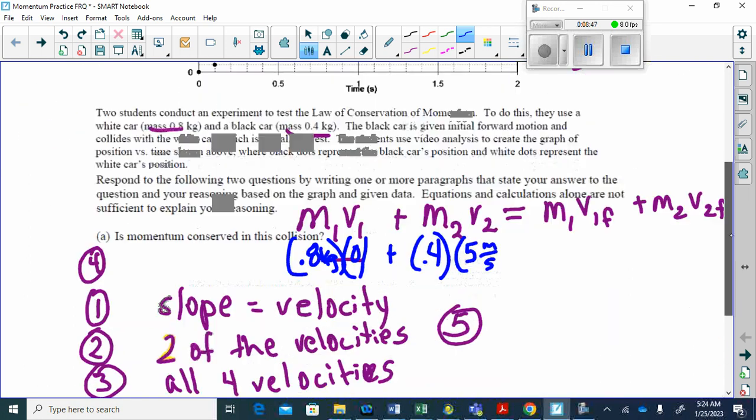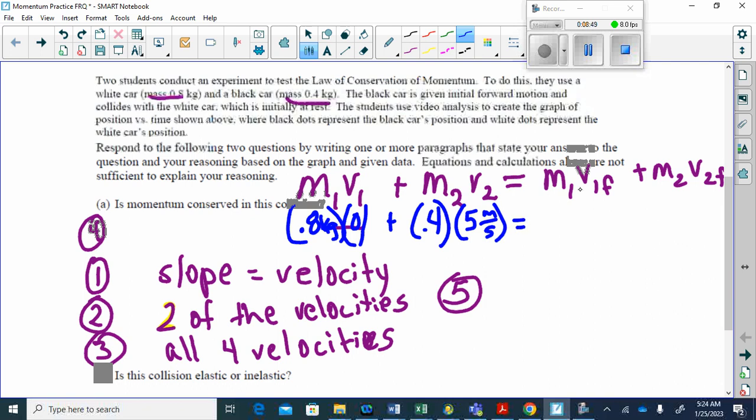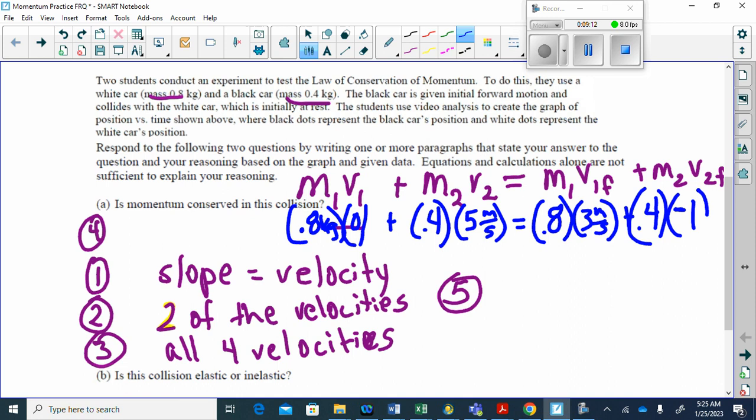Yes. And so the white cart, which is our cart 1, is now moving. The white cart's final velocity is 3 meters per second. And the final velocity of the black cart, 0.4, this guy is -1.